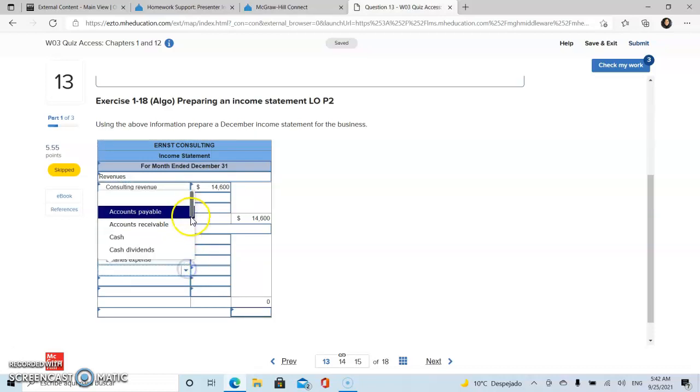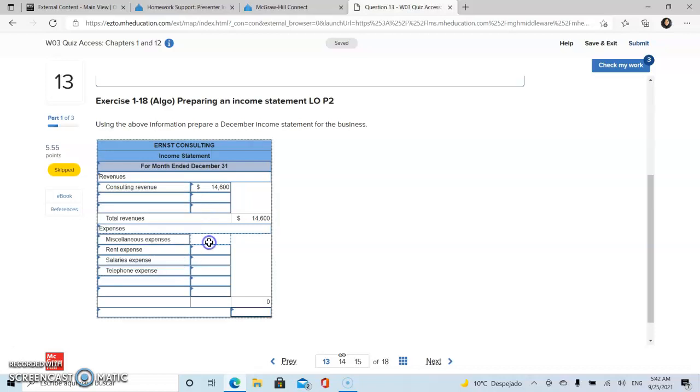Salary, and finally telephone. We're going to go ahead and put the amounts. So this amount will be our total expense.